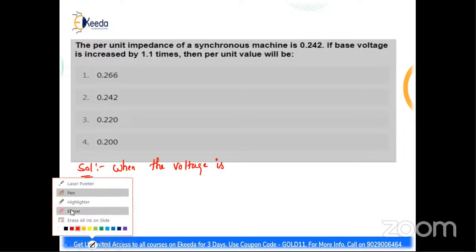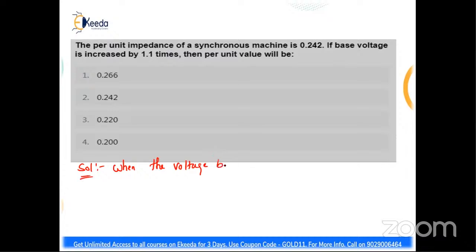When the base voltage is increased by 1.1 times, then we can write kV new is equal to 1.1 kV base, right?